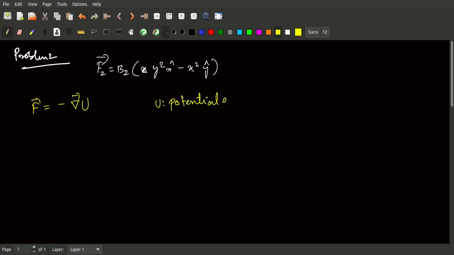Energy is always a scalar quantity. In problem number 1 we discussed that the gradient of a scalar quantity gives you a vector quantity. So the force is a vector quantity and U is your energy, and this is how you get conservative forces from potential energy.